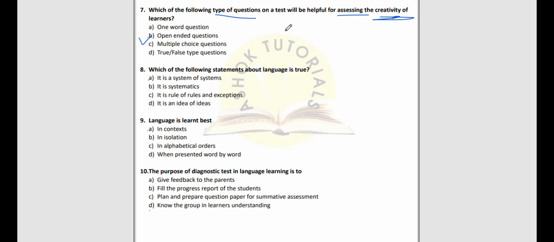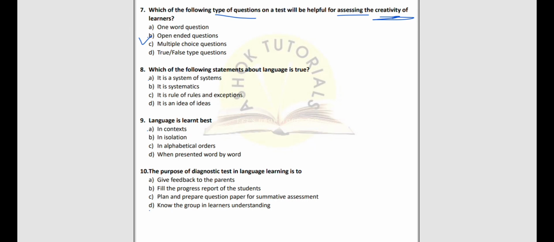Open-ended questions in a test will be helpful in assessing the creativity of the learners, as open-ended questions require an answer with a proper explanation. The type of questions where you are asked to explain how so and so happens, please show. That is called an open-ended question. It means the children get enough time or enough space to explain what they think.